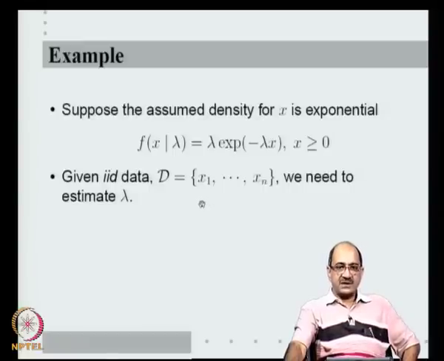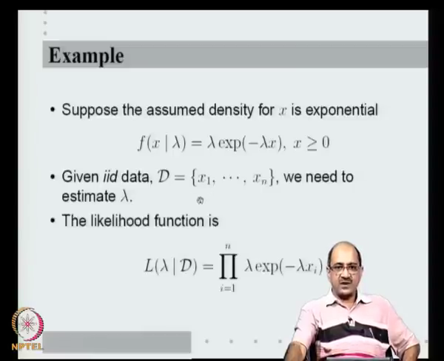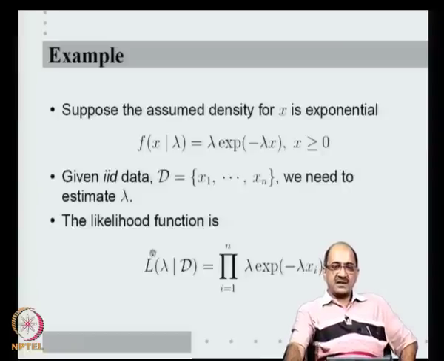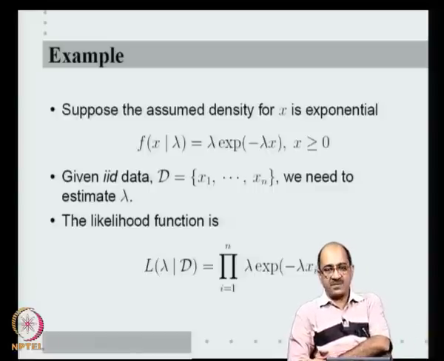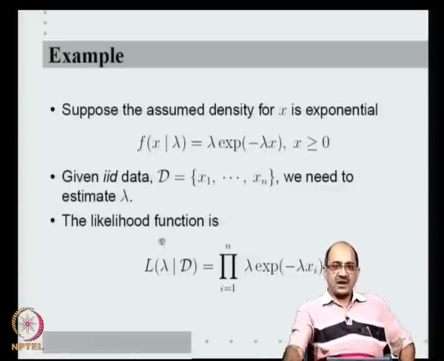And for our estimation we have to maximize the likelihood. In this case the likelihood function is given by the product, i equal to 1 to n, of f of x i given lambda, that is lambda exponential minus lambda x i. We want to find lambda that maximizes this, given the x i's, that is the data. As I said last class, very often for ease of optimization, we take the log likelihood.